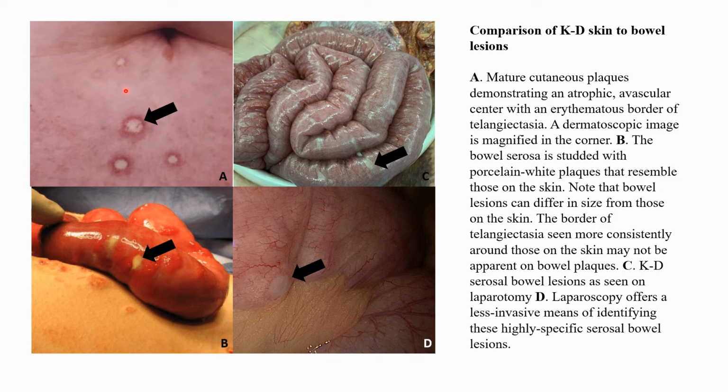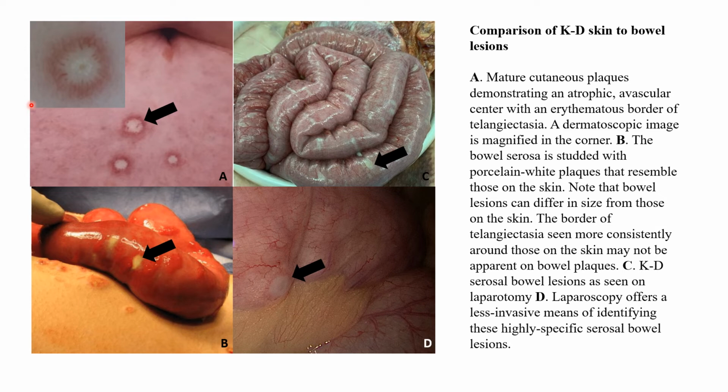Lesions can be distinct or confluent. Dermoscopy will reveal a magnified image that shows the central atrophic avascular region surrounded by a rim of telangiectasia. These lesions are quite distinct with a limited differential, and if you see them, biopsy is warranted.